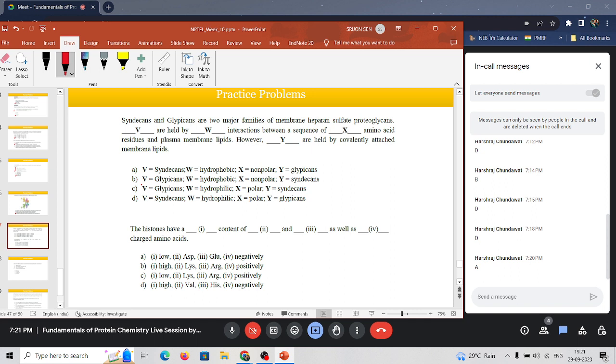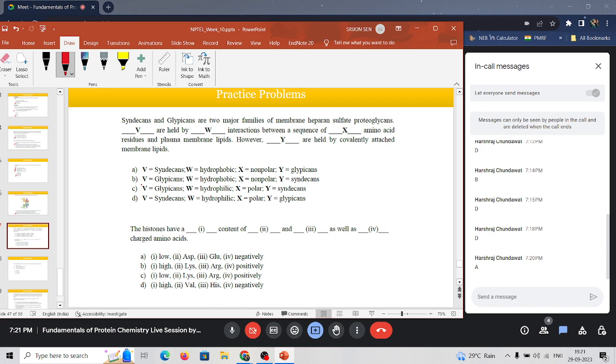So your syndecans have a transmembrane domain in their core proteins, and your glypicans are attached to the cell membranes by glycosylphosphatidylinositol anchors. And your glypicans have roles in the development, modulating morphogen gradient formation and cell growth by regulating different signaling pathways.